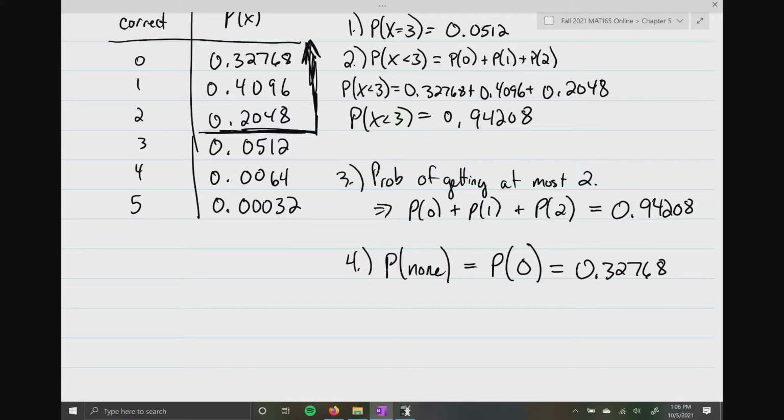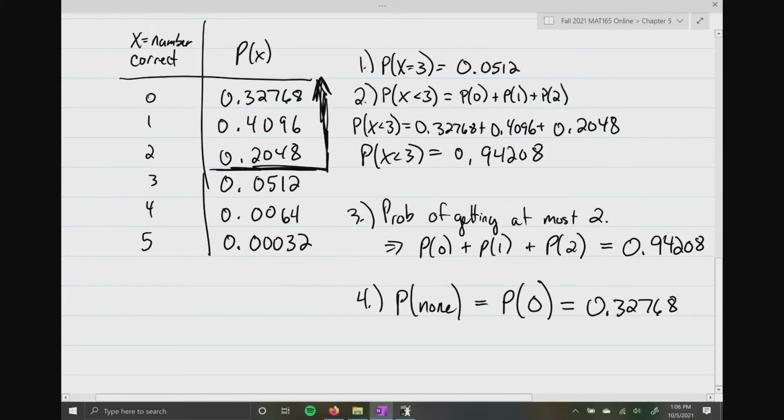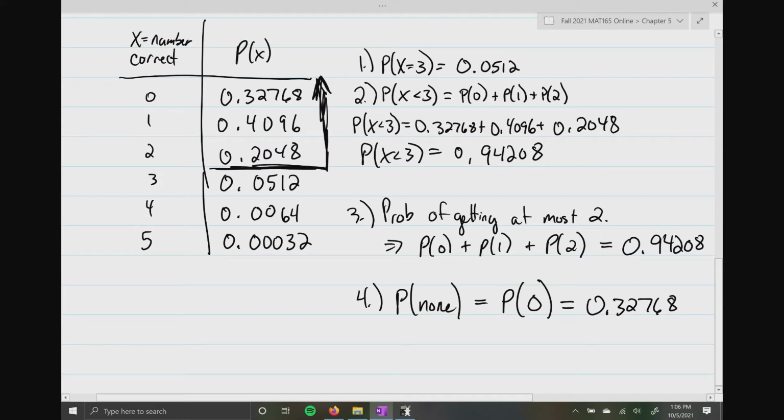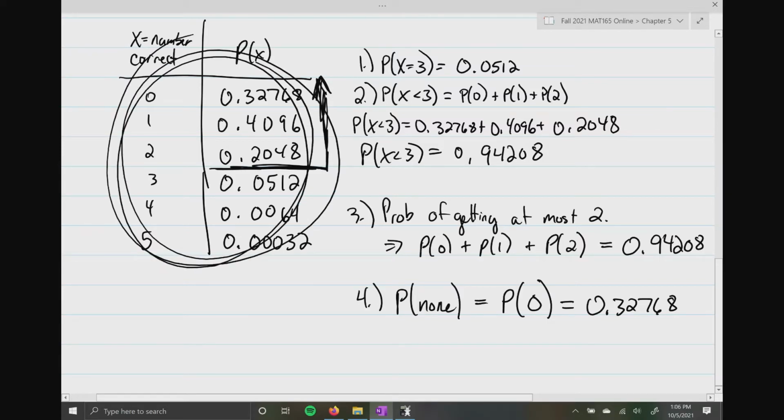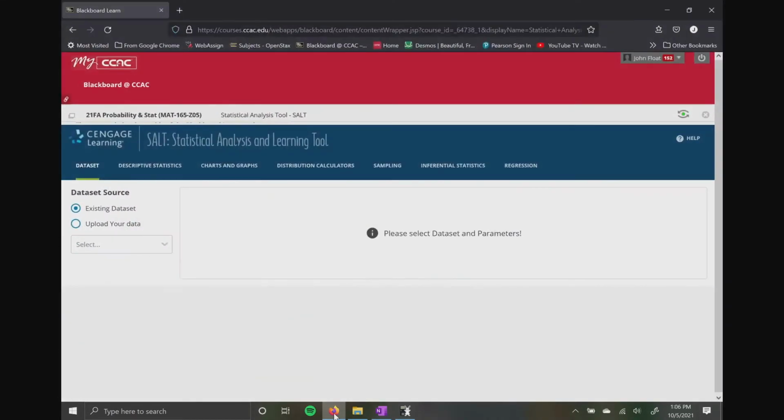Now, there are other ways that we can go about generating these numbers here in this binomial probability distribution table that we did. All right? And what I'm talking about here is this big thing right here, okay? We could cheat a little bit. And what I mean by cheating is there are graphs, there are tables, there are all these other things, and you have this very special tool that's available to you called the Statistical Analysis Learning Tool.